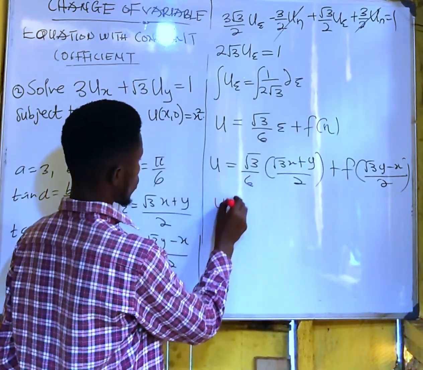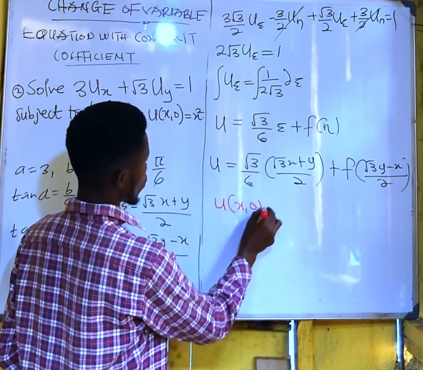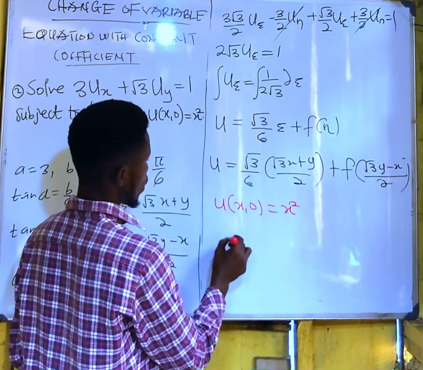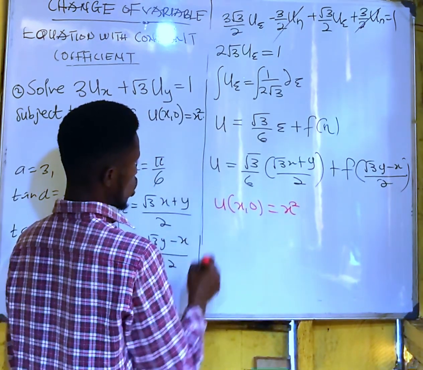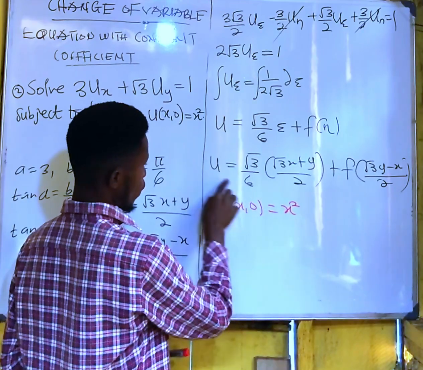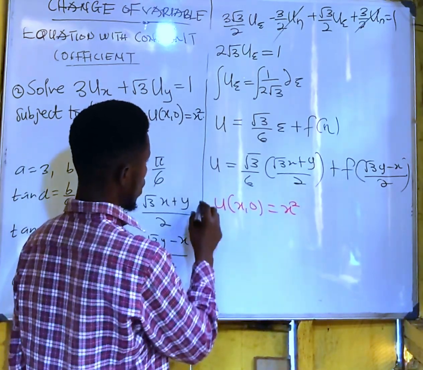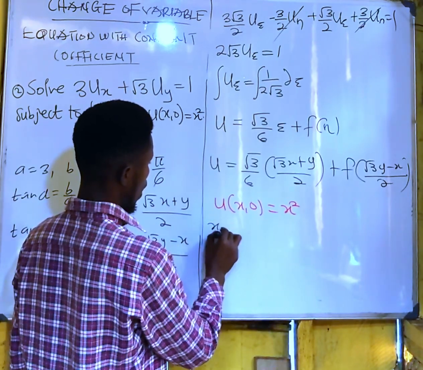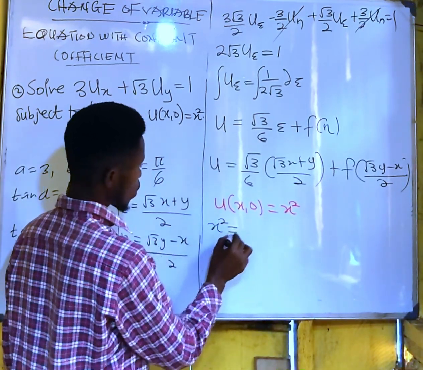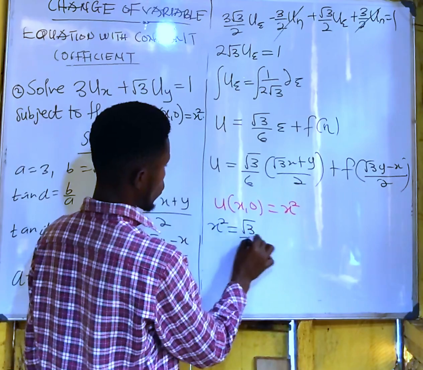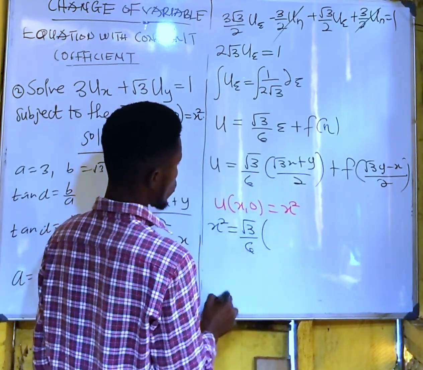The initial condition was given as u(x, 0) equals x squared. The meaning of this is that u is x squared. So wherever I see u, I put x squared there. So let's see. Here is going to be x squared equals root 3 over 6 bracket open.